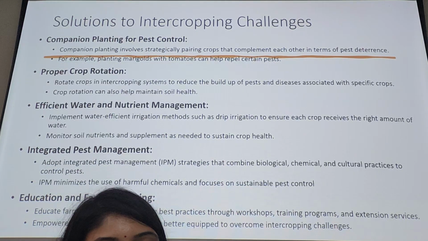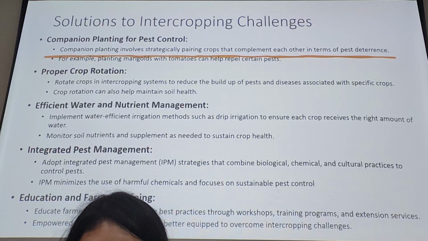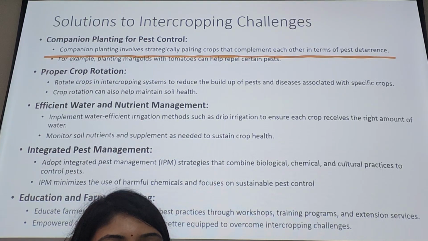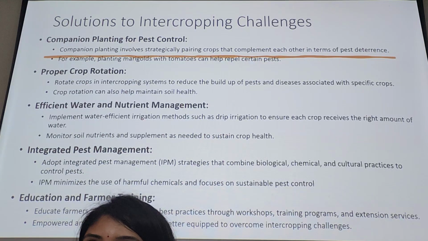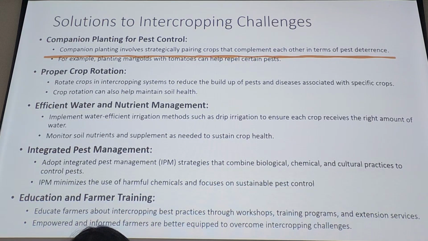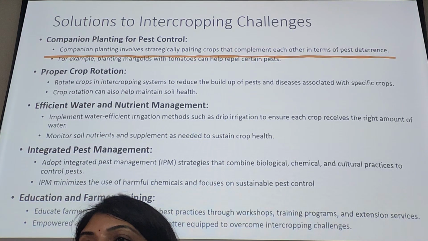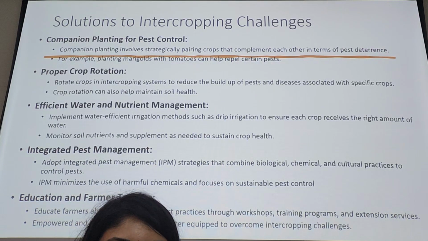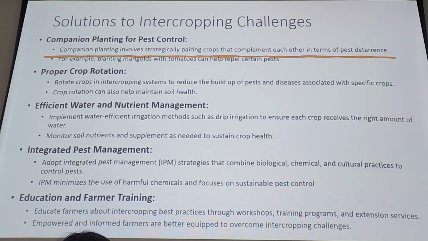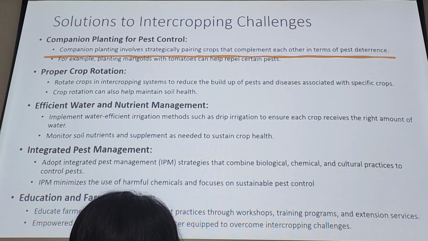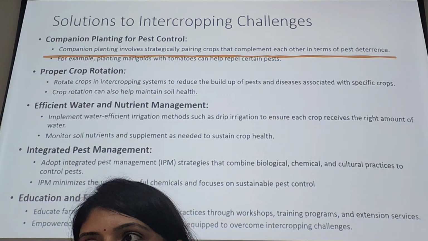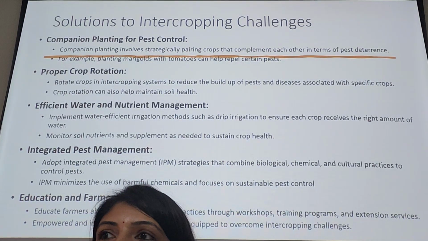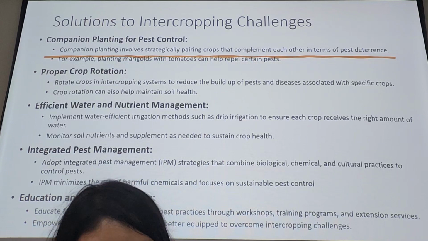The other step is to adopt IPM strategies and combine biological, chemical and cultural practices to control pests. By integrating the pest management system, we can minimize the use of harmful chemicals and focus on sustainable pest control. Apart from this, we can also educate and train the farmers about the intercropping system and the compatibility of crops that can be planted together in the farm.